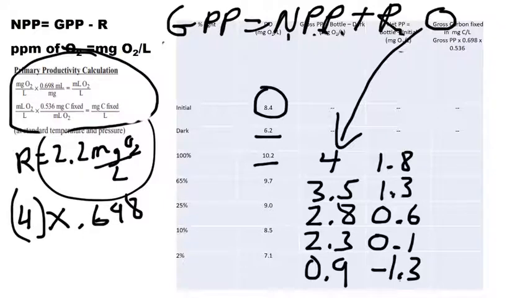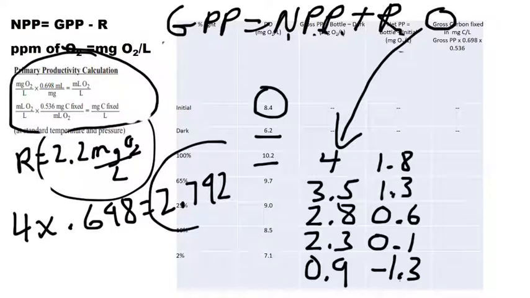So 4 times 0.698, and that gives me 2.792. That answer is now in milliliters of oxygen per liter of water. All that top equation did is convert from milligrams of oxygen per liter of water to milliliters of oxygen per liter of water.